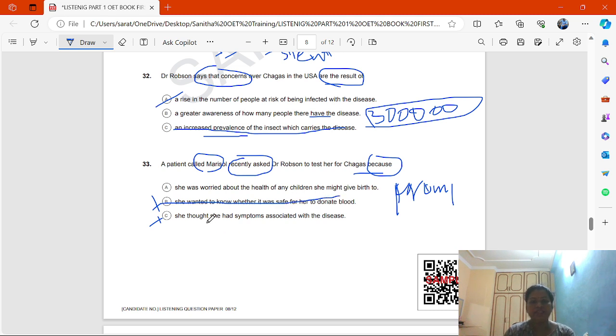Okay, she thought she had symptoms associated with the disease. So that is also said in the passage. She had recently been on vacation in Bolivia. At one point, she had felt unwell. Okay, this often occurs with change in diet and living conditions. That's what Marisol assumed was the cause. So it is said in the passage, but the question is what she recently asked.